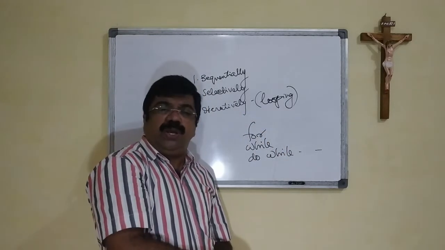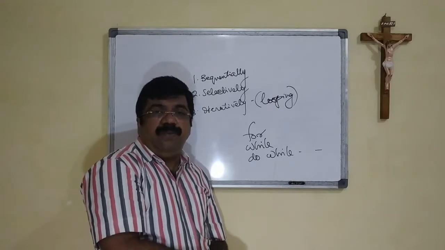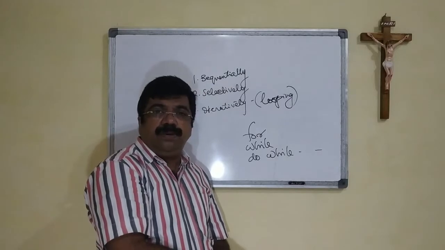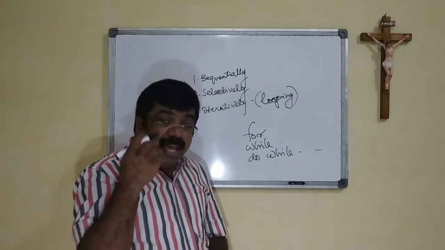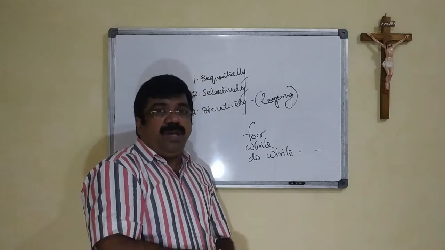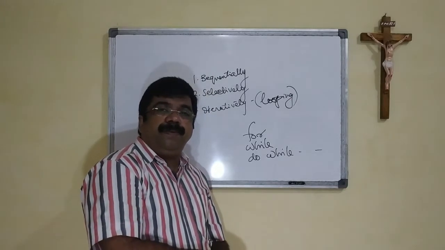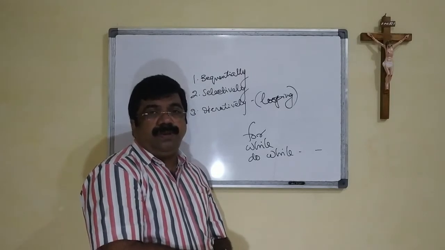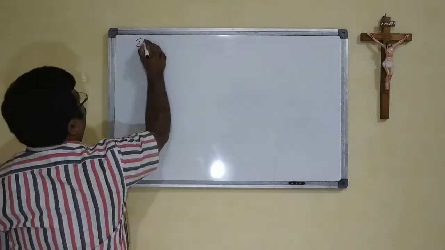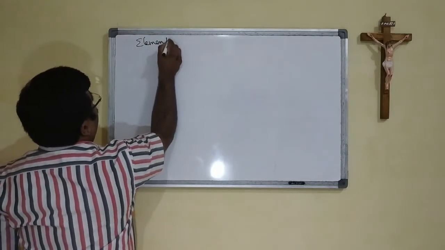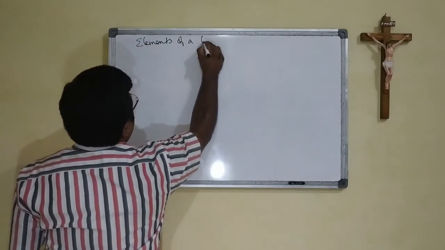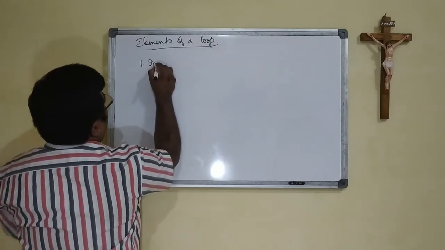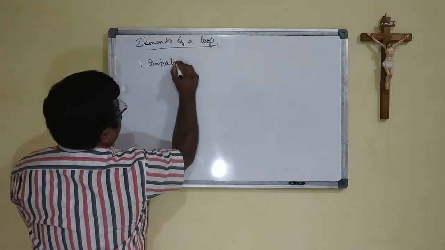Before going to these looping statements, we should study the components of a loop. The statements which are expected to be there in a loop, we are going to see. We can say they are the elements of the loop. Let's see. First one is initialization.